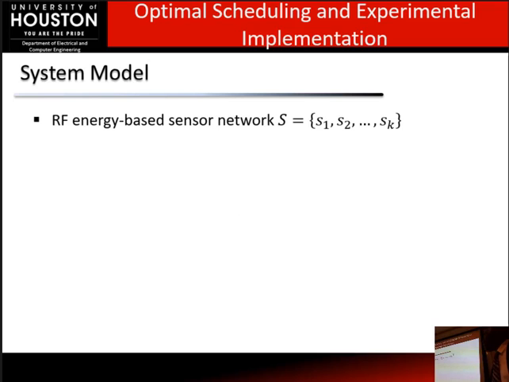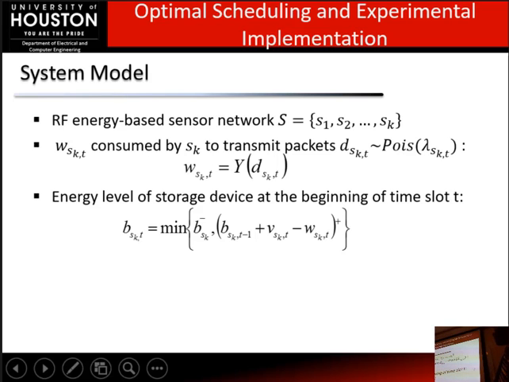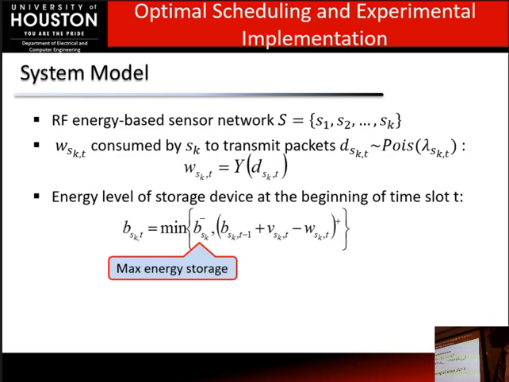So this is our system model. We have K number of sensors. And W is the energy that is consumed by a specific sensor to transmit D number of packets. So it's a function of the number of packets transmitted. And the energy level of the storage device has to be less than the maximum energy that can be stored.